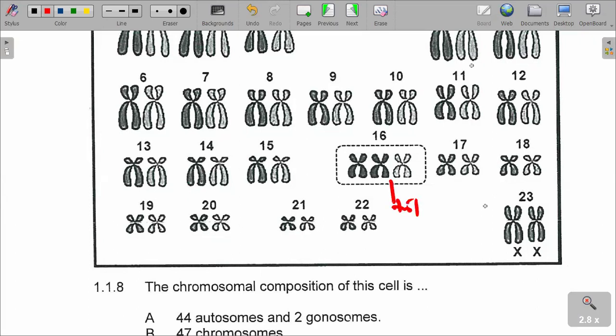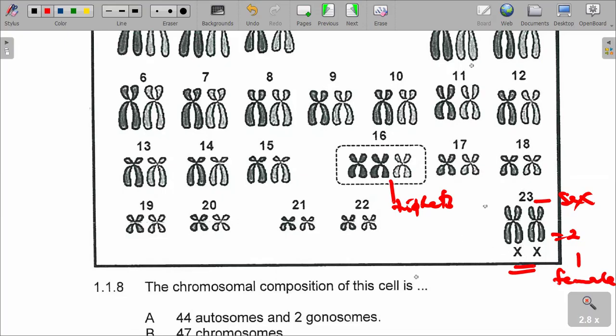Then our gonosomes, chromosome 23, our sex chromosome, is actually showing that we just have two, which represents a female anyway, because we have got XX that are given there.